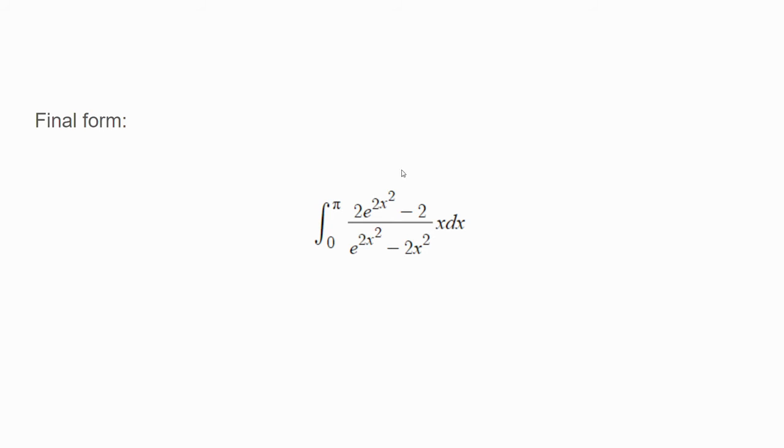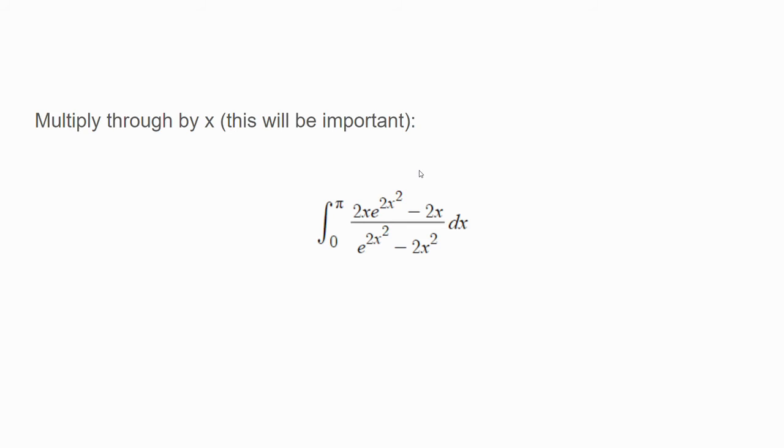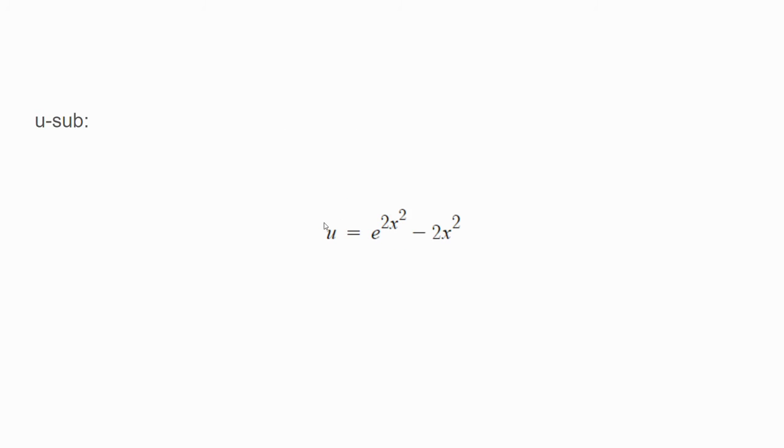However, we have a 2 to the x squared in the numerator and the denominator here, and we have a 2 here. And if you don't see it, distributing the x to the numerator might make it more obvious. Now, if you'll remember, the derivative of 2x squared is just 4x, and we have a 2x here, so perhaps we can do a u sub, with u equaling our denominator, e to the 2x squared minus 2x squared.